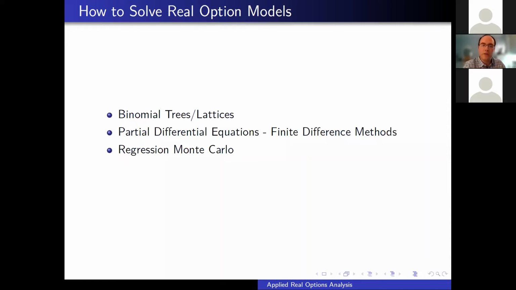Partial differential equations rely upon some pretty mathematical sophistication in order to use them. I think that regression Monte Carlo, which is the topic of this talk, anyone with real modeling experience can latch on to these concepts pretty quickly.